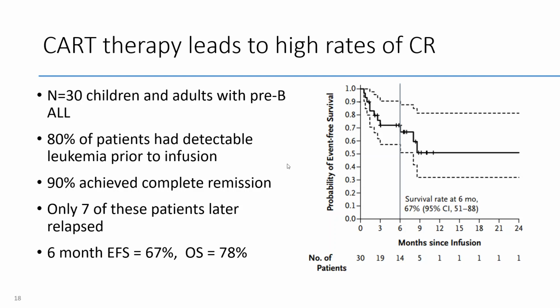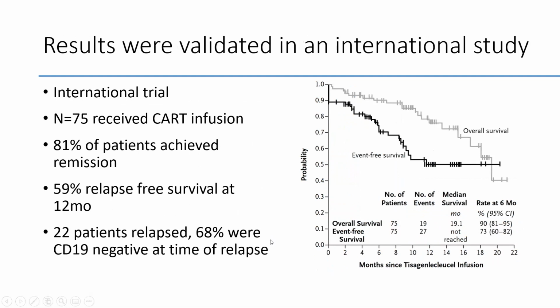Another point is that the results were validated in international studies. 75% received the CAR T infusion, and of those 81% achieved remission and 59% relapsed. At 12 months, 22 patients relapsed, and 68 were CD19 negative at the time of relapse.